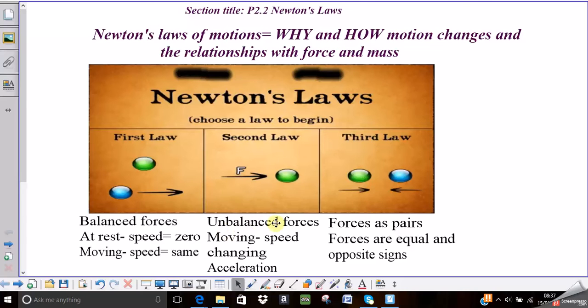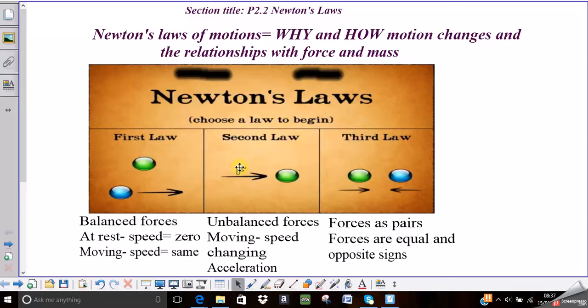The second law is unbalanced forces. An object is moving because of this force acting on the green ball, and the speed is changing. Because the speed is changing, this object will move faster when it's accelerating, or it will move slower when it's decelerating. This is the law of acceleration.